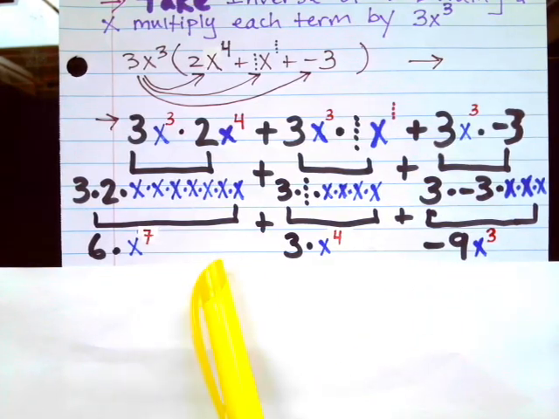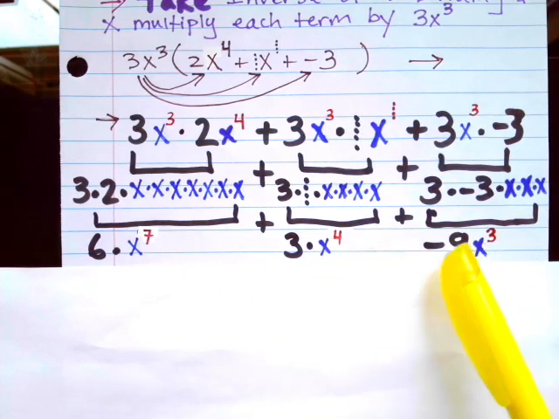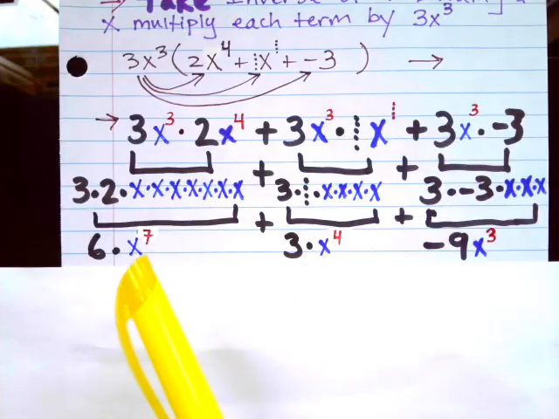Now, I'm just going to put all these terms together. I'm going to combine like terms. Like terms means that you have to have the same variable, in here it's the letter x, and they have to be to the same exponential power. So these are actually three different terms.